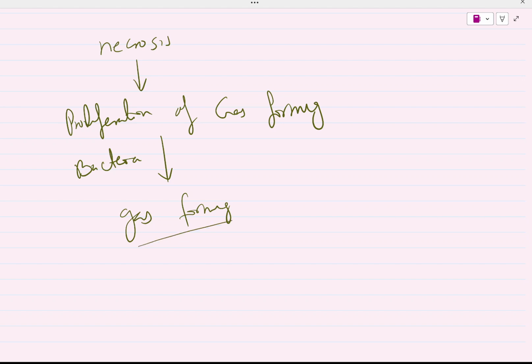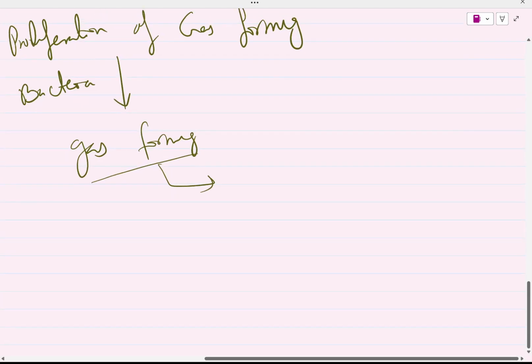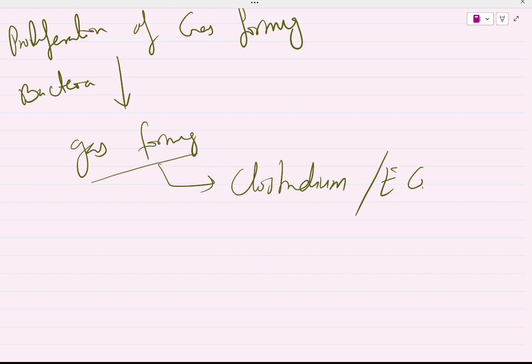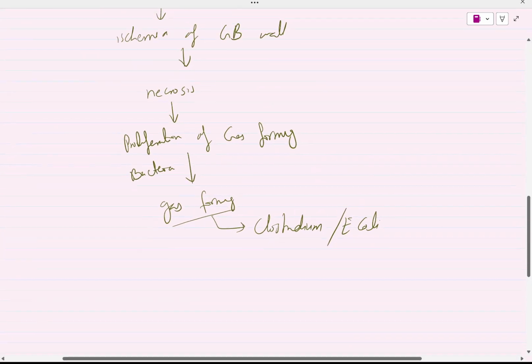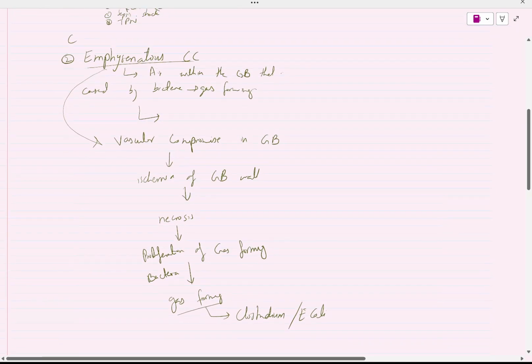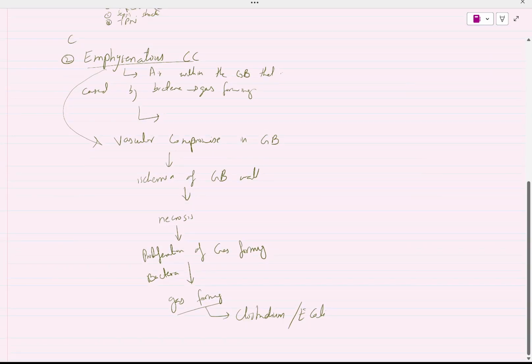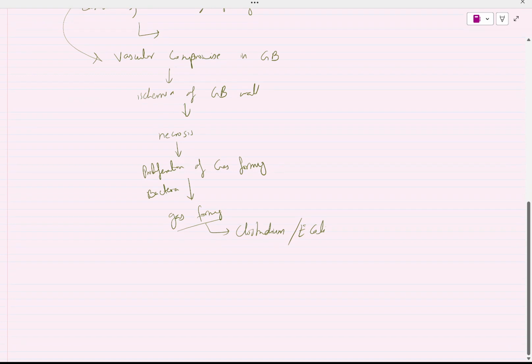What organisms can form gas? The first species to remember is Clostridium. Next is E. coli. These are the most common. So what are the risk factors? As I already told you, an old patient with diabetes comes to you, so the first risk factor is diabetes.